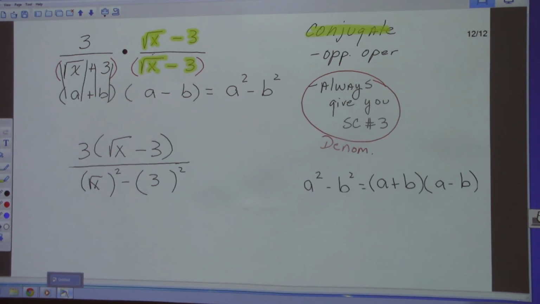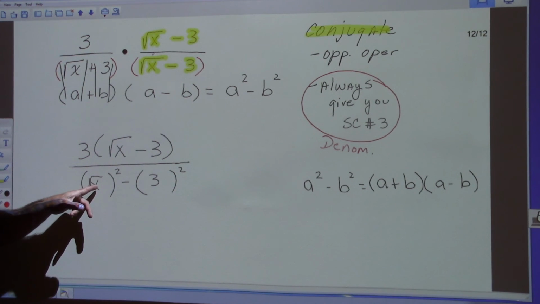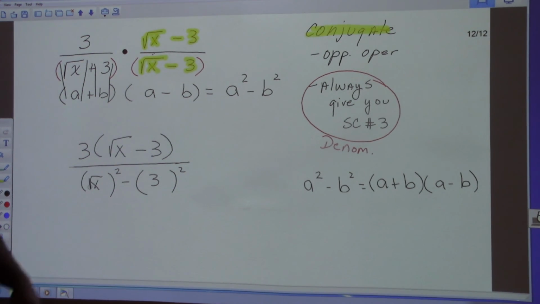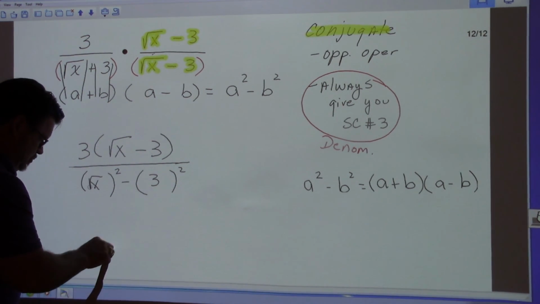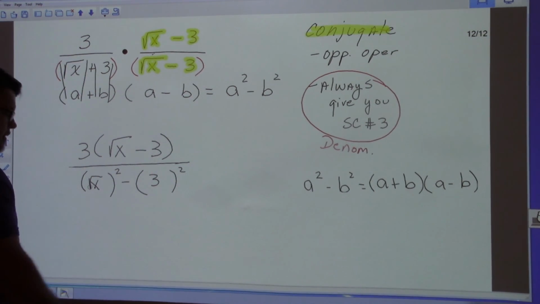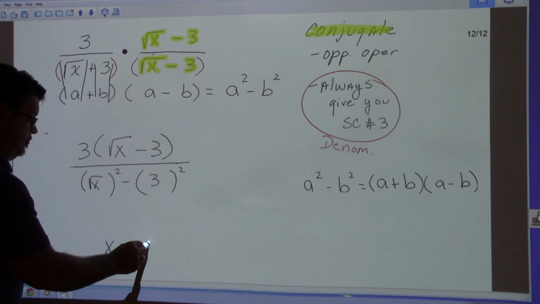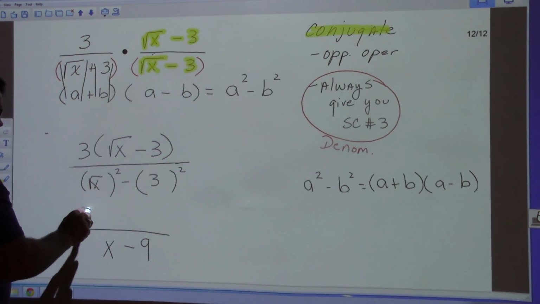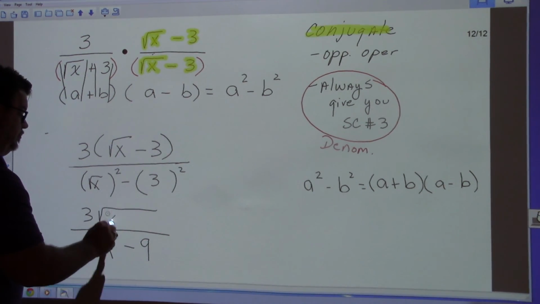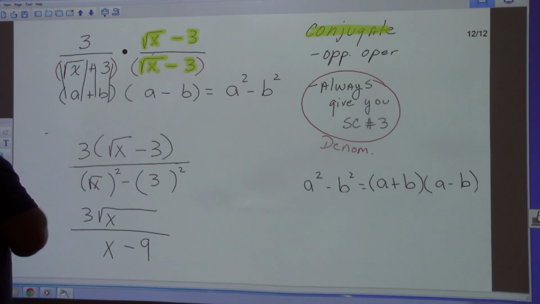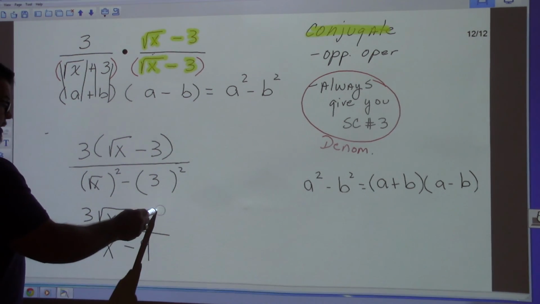Now, question. What is the square root of x quantity squared? Ain't that nice? I'm ready to quit.